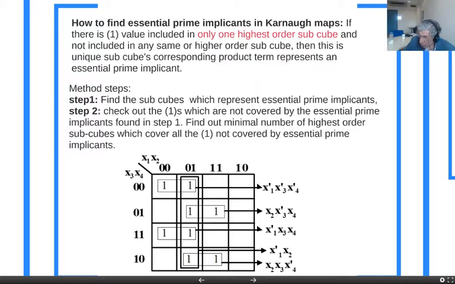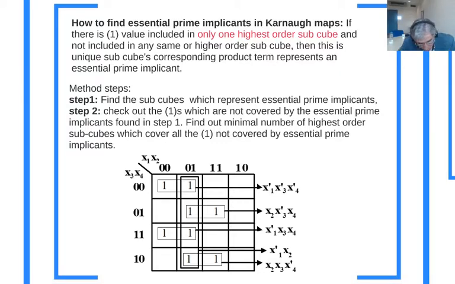So the conclusion is quite interesting here. In the Quine-McCluskey method, we first find the prime implicants, and then we find the essential prime implicants in the prime implicant table. You see one column has got one mark in it, which leads us to find the essential prime implicant.